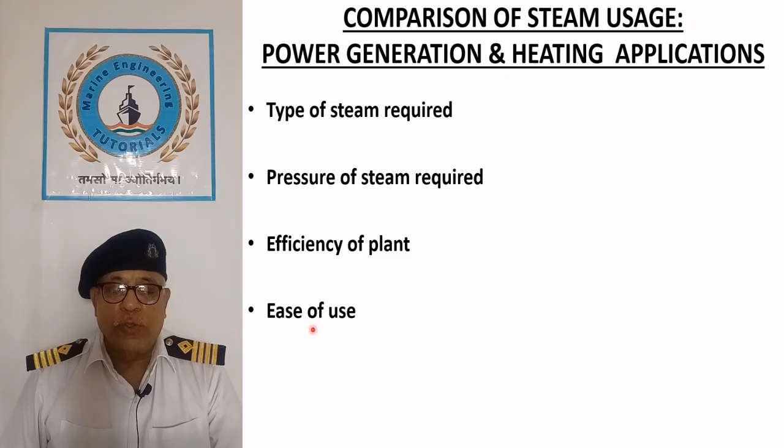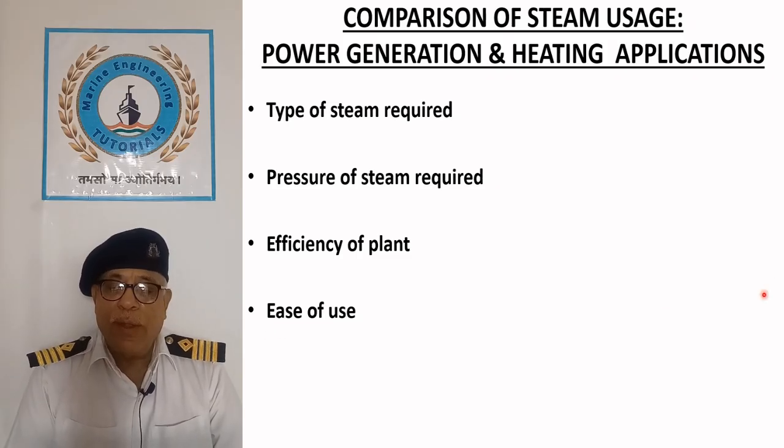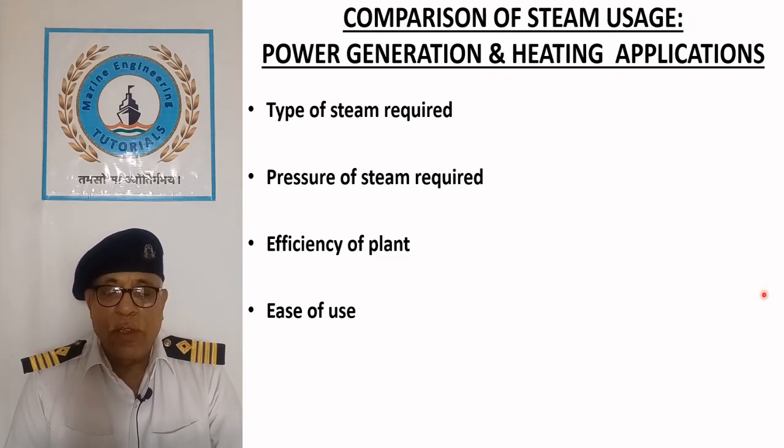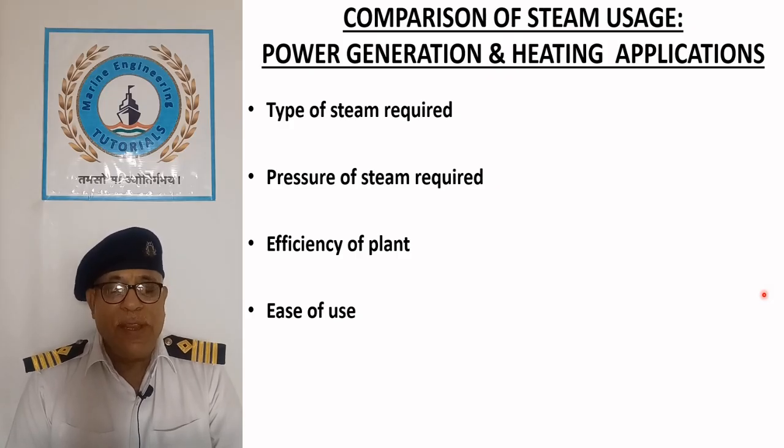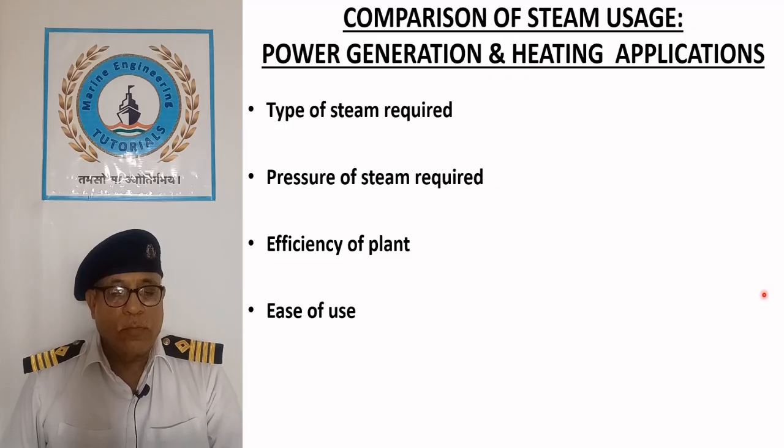Ease of use. Both power and heating applications of steam require system warming before operation. A heating line can be warmed up quickly, but warming up a turbine requires considerably more time and effort. Maintenance required.